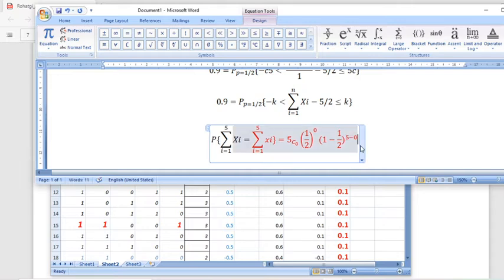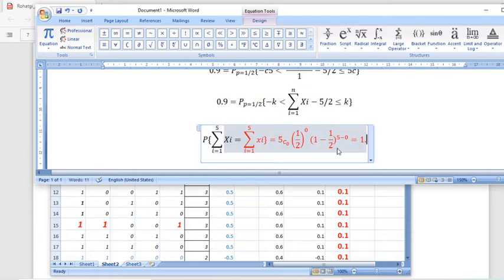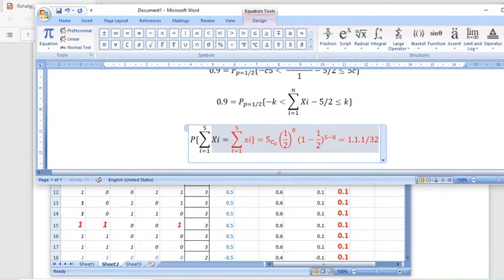Okay, so what is the value? 5c0 is only 1, into 1 by 2 raised to 0 which is 1, into 1 minus 1 by 2, that is 1 by 2, raised to 5 is 1 by 32.